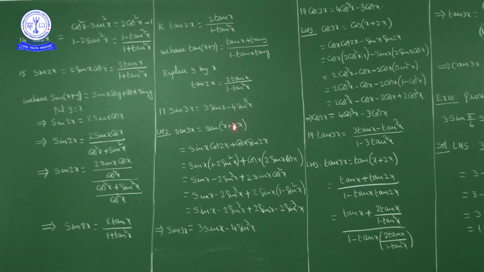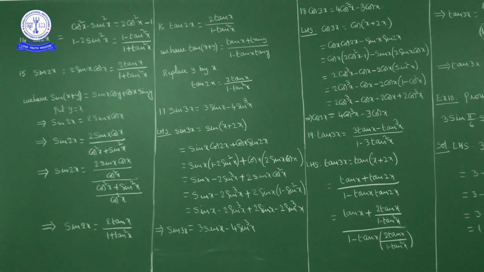If you consider 2x as y, then sin x plus y is equal to sin x cos y, what is y? 2x, no? Cos 2x plus cos x into sin y, and y is 2x. So sin x plus 2x formula is sin x cos 2x plus cos x sin 2x.